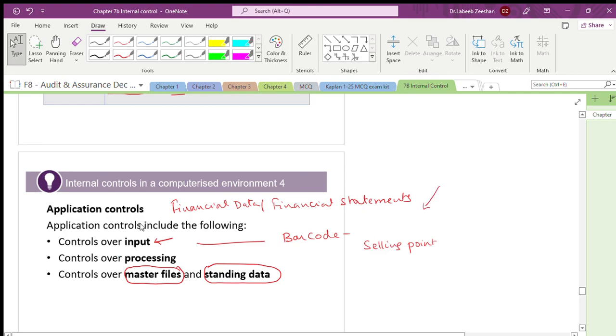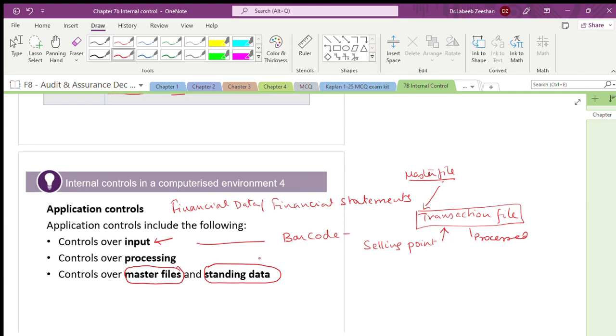The barcode has to be entered in the master file, and subsequently we access the transaction file only. We will never access the master file. If the item is there in the master file, the transaction file can be processed. If it is not there in the master file, the transaction file will not get processed.